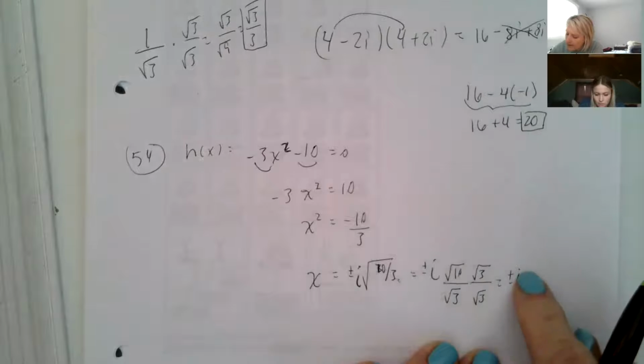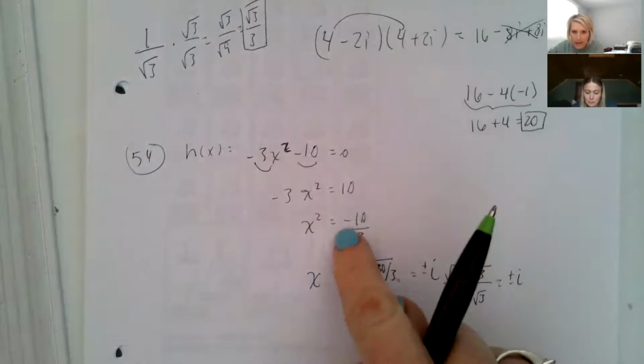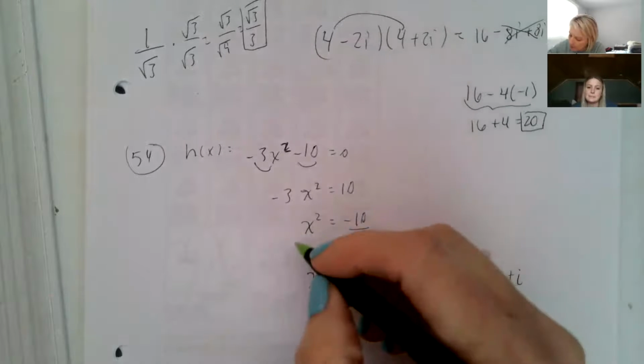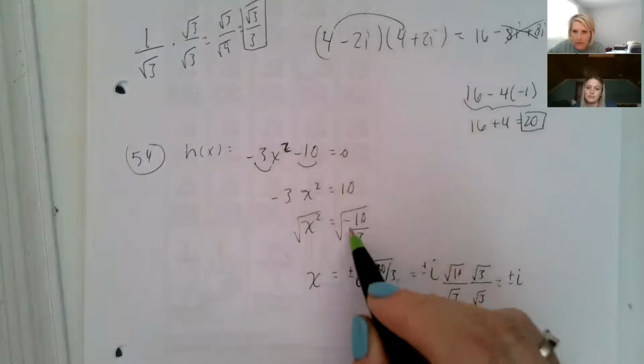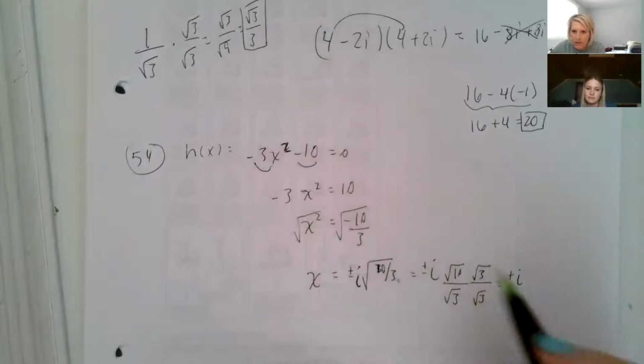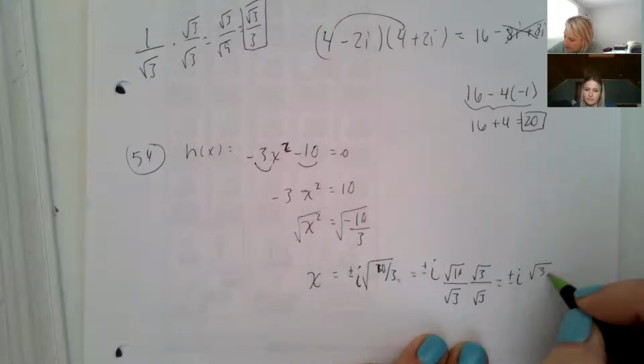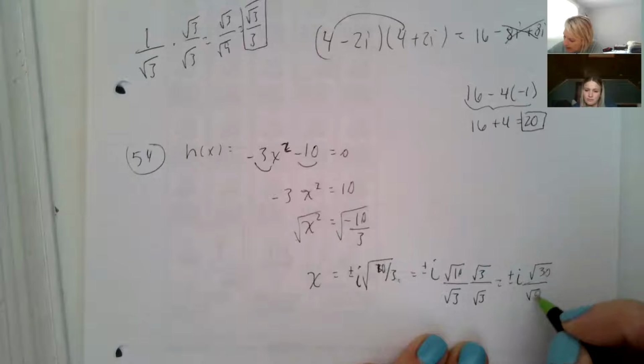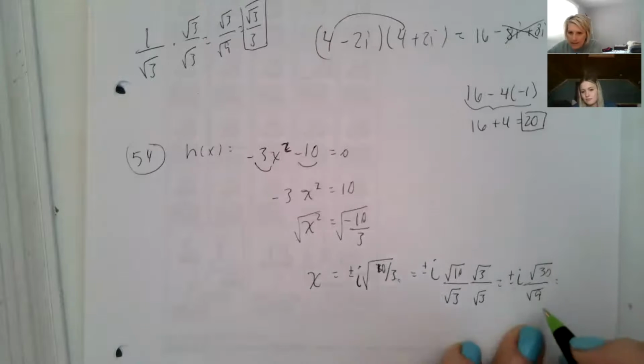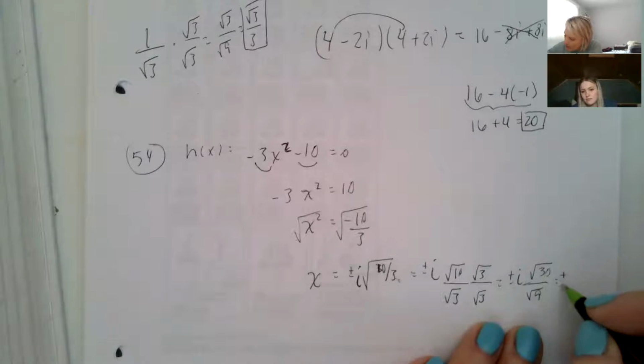The i takes care of there being a negative in this when you take the square root here, right? We can't take the square root of a negative number, so the i takes care of that. Then we have the square root of 30 over the square root of 9, and that's a perfect square root. So this is plus or minus i, the square root of 30 over 3.